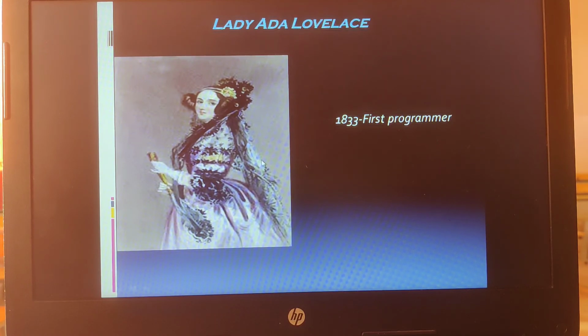When Charles Babbage thought of the analytical engine, Lady Ada Lovelace worked with him and started writing the computer notes for it. She wrote the first ever computer algorithm. That is why she has been named the world's first programmer.